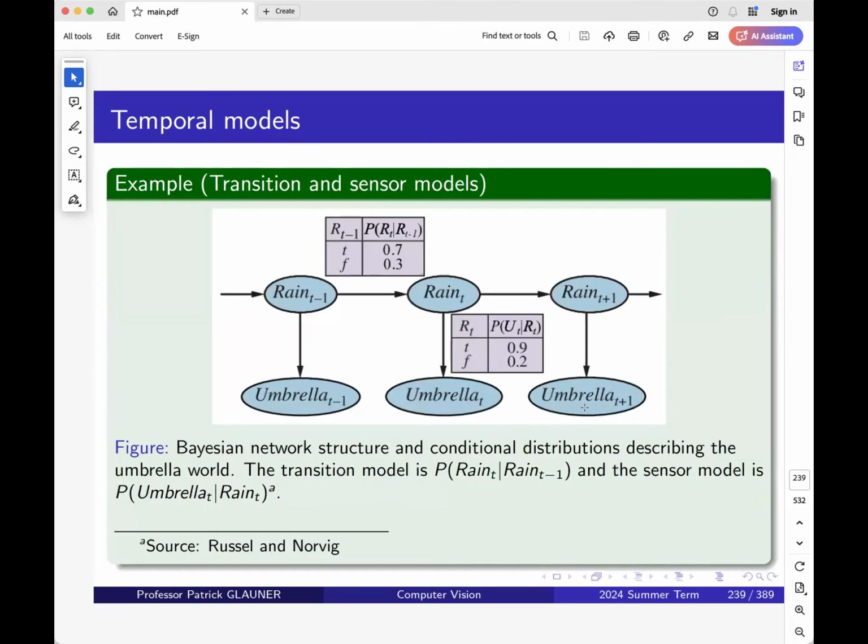And then if we look again at this temporal model, we see the umbrella depends on rain, which is the sensor model. And we also have this transition model from rain at time t to rain at t+1. So t+1 depends on t, which is the transition model, and we have the sensor model.